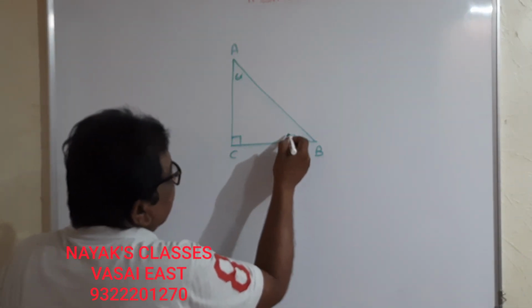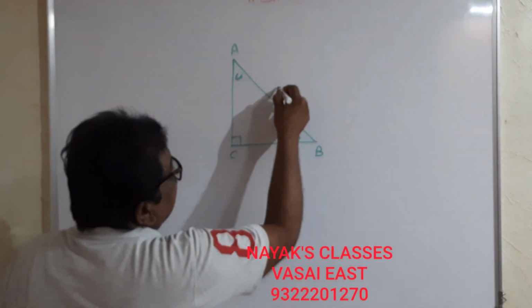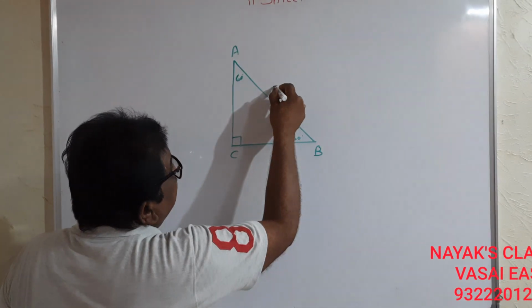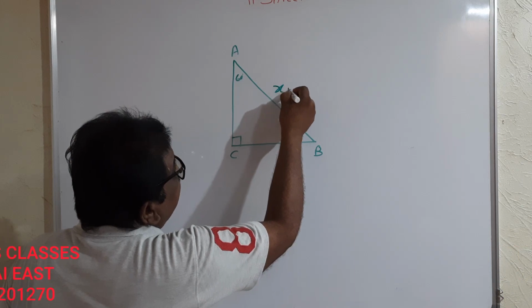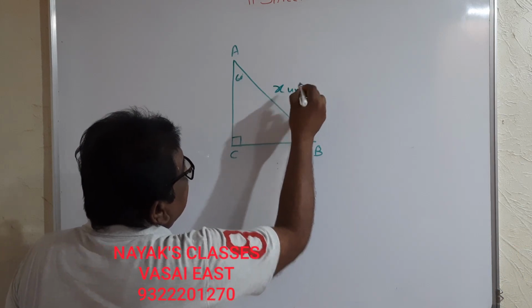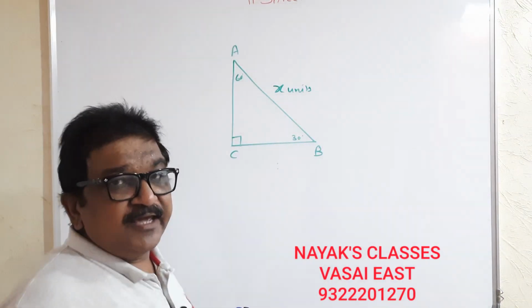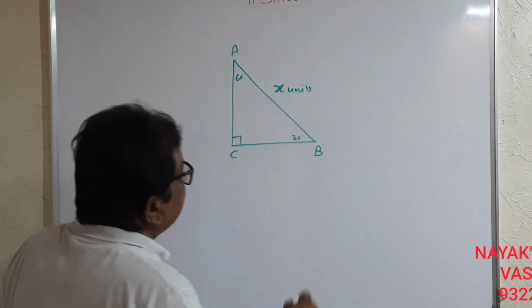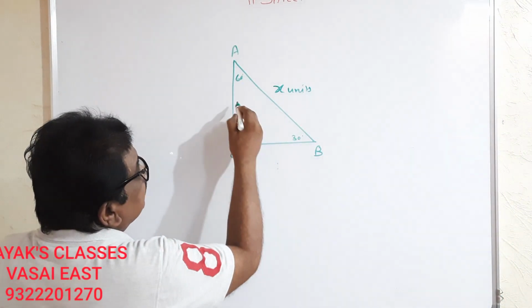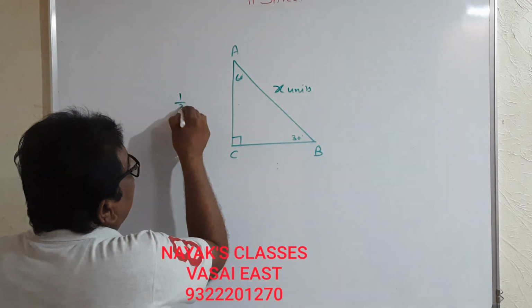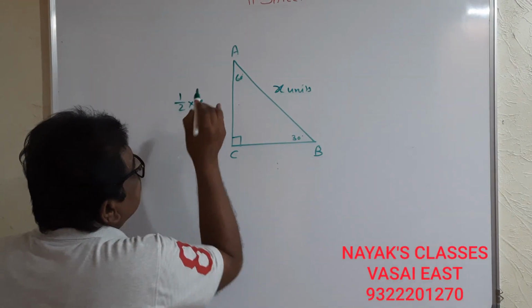What this property says is, if the hypotenuse has length x units, then the side opposite to 30 degrees is half into x.